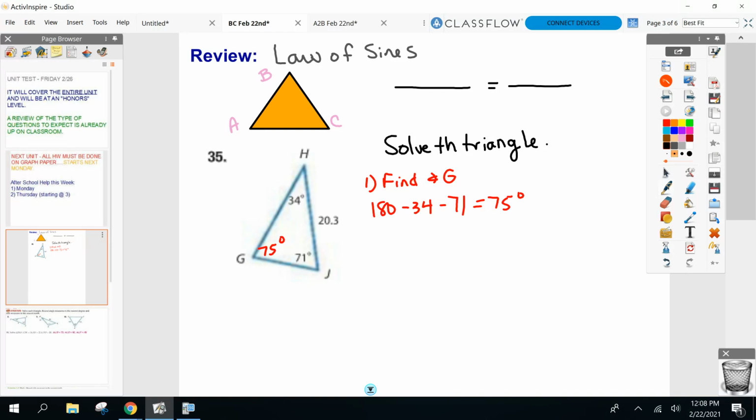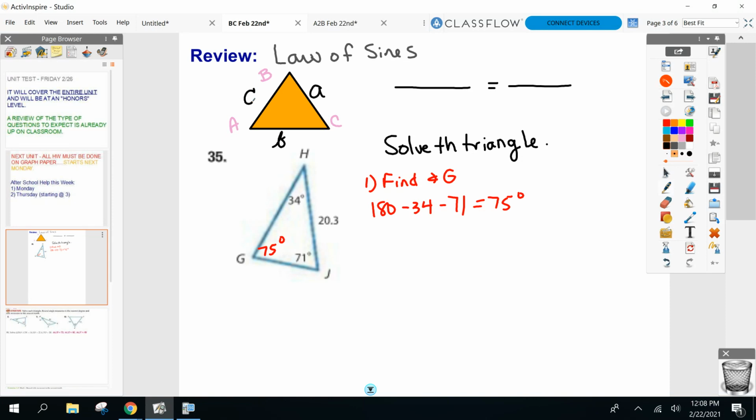And let me review this. Instead of calling this side of the triangle BC, I'm just going to call it lowercase a. Do you remember why? What's it across from? Angle A. So across from angle A, I'm going to call side a. Across from angle B, I'm going to call side b. And across from angle C, I'm going to call side c.